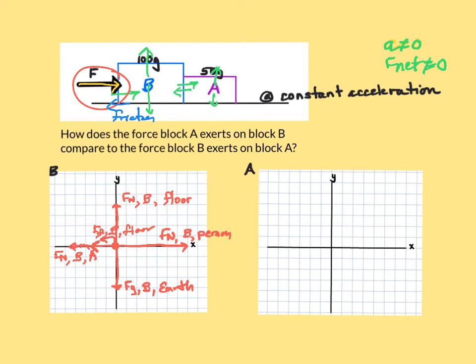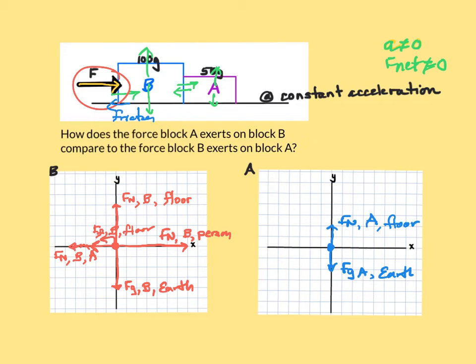And then for A, we're going to have gravity. I'm going to make that half as big as I did for B because it only has half the mass. So there's your force of gravity on A by the Earth. And there's your normal force on A by the floor.